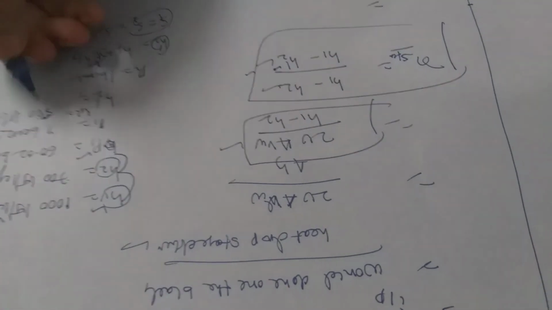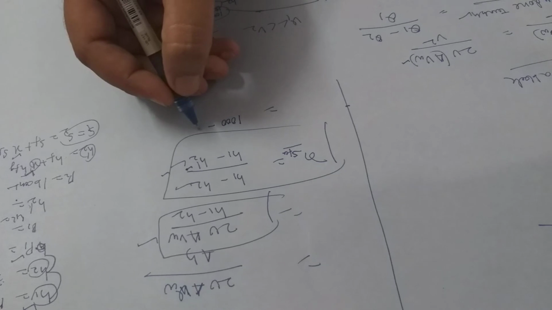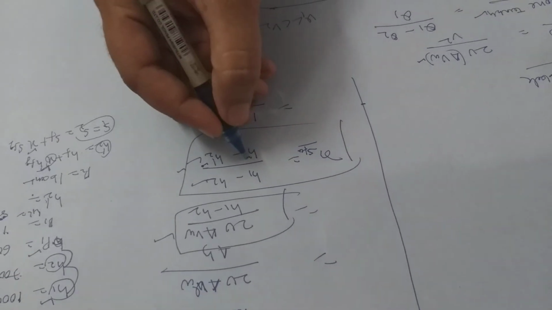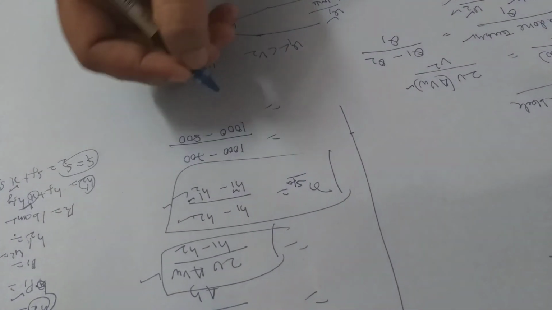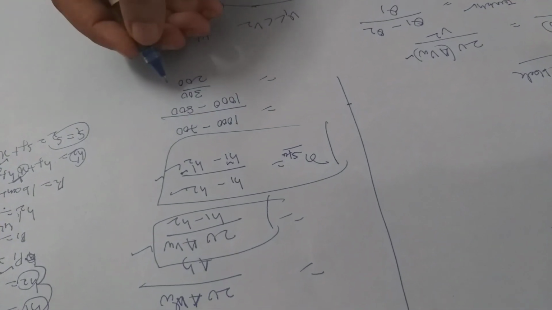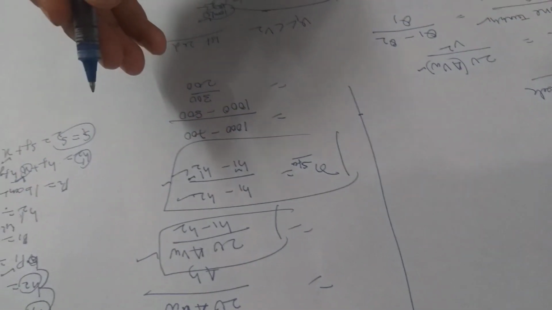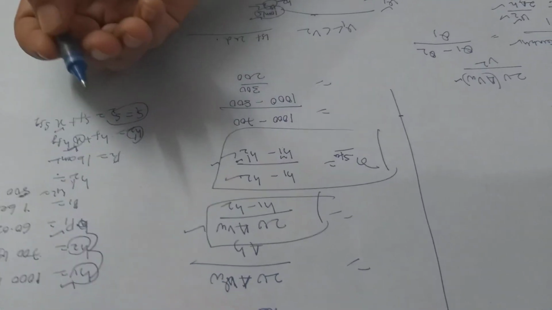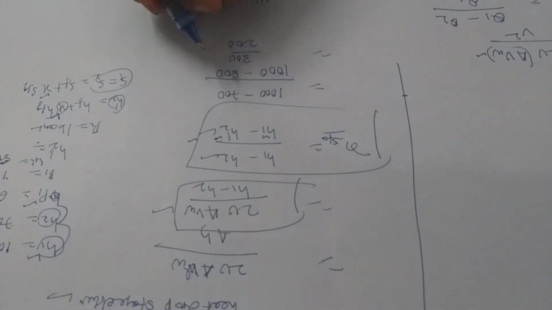Then using this formula, H1 is 1000 minus H2 is 700, and 1000 minus 800. Then the efficiency would be 300 by 200, which is much more than one, so something is wrong.